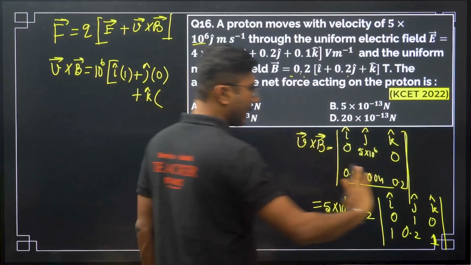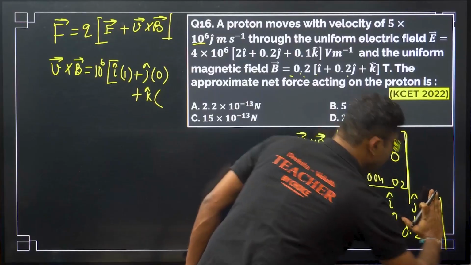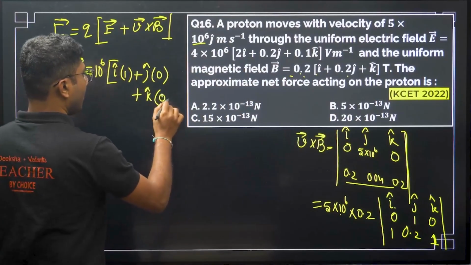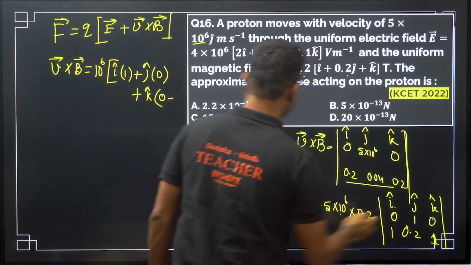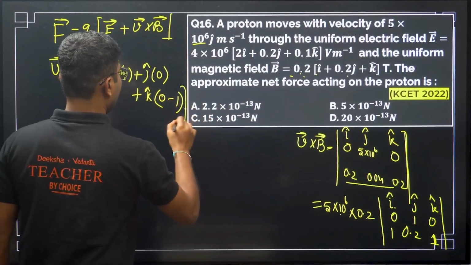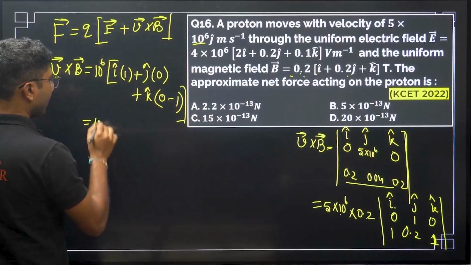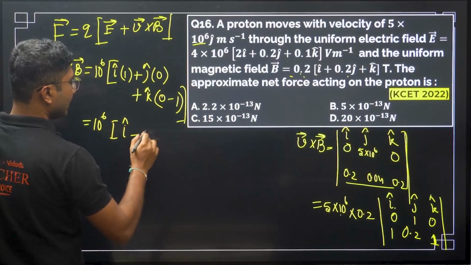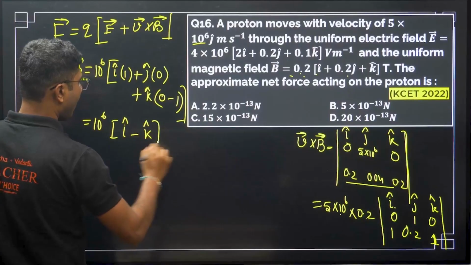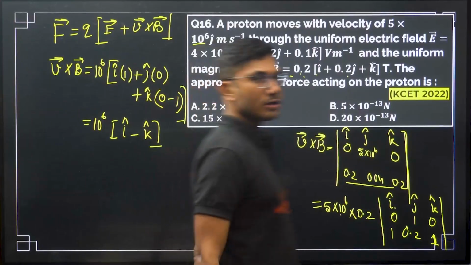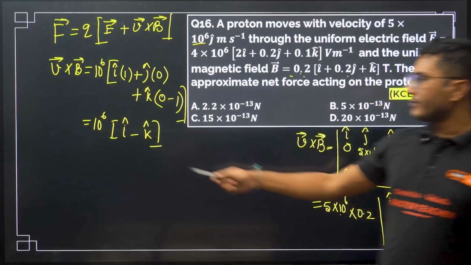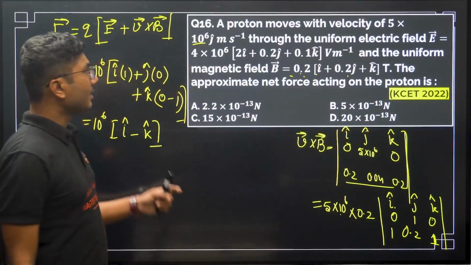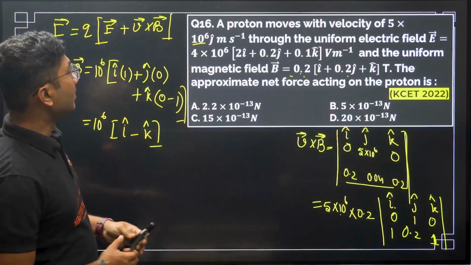Now in case of k cap, again we will cover this. 0 into 0.2 is 0, minus 1 into 1 is 1. So done. It will be 10 to the power 6 (i cap minus k cap). This is the value of V cross B, and Q is given as proton.